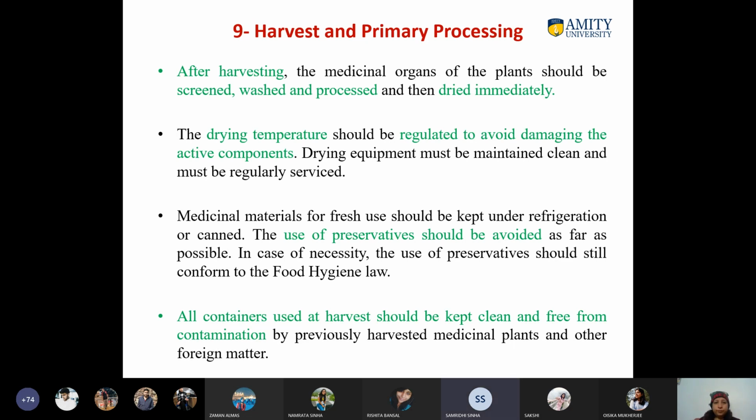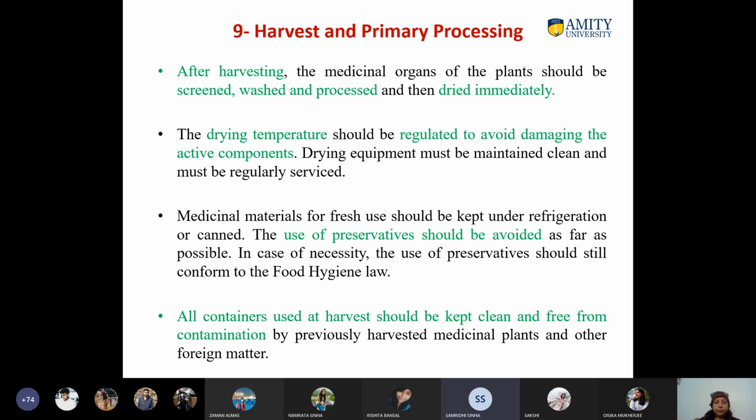Yes. So, harvest and primary processing. After harvesting, the medicinal organs of the plant should be screened, washed, and processed, and then dried immediately. The drying temperature should be regulated to avoid damaging the active components. Drying equipment must be maintained clean and must be regularly serviced.